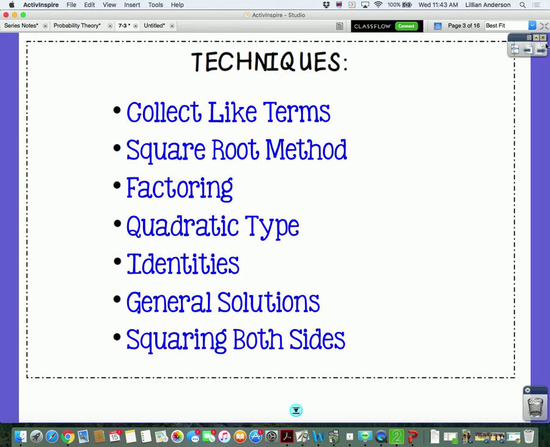We're also going to be using our identities to help us simplify something to solve. And then, of course, general solutions. And last but not least, squaring both sides.